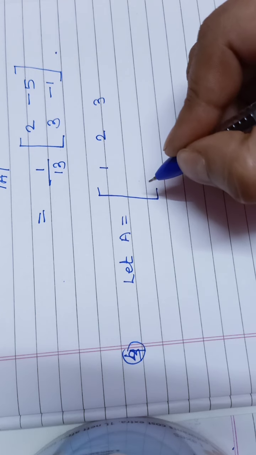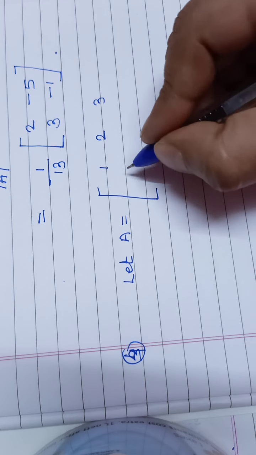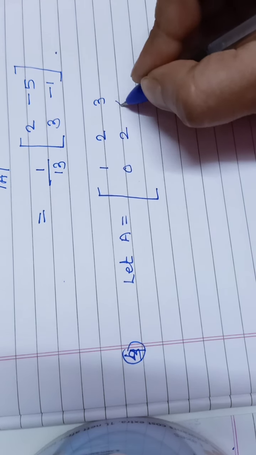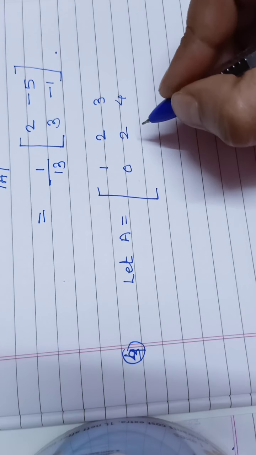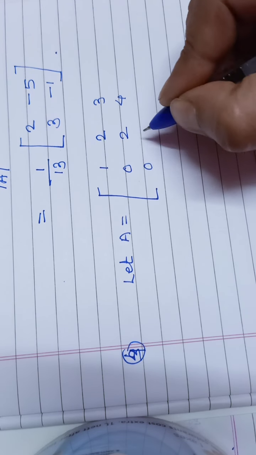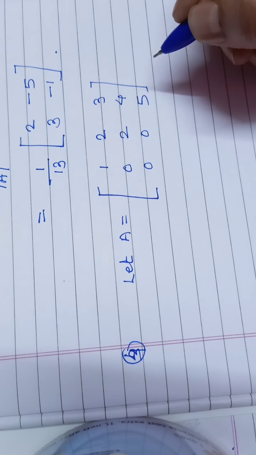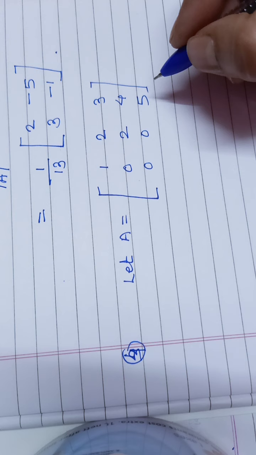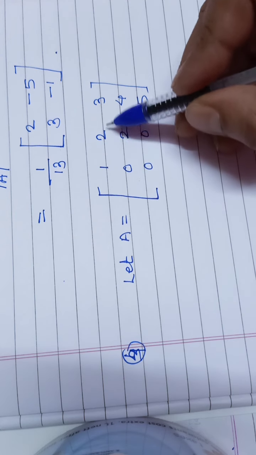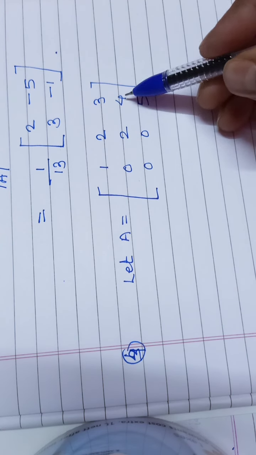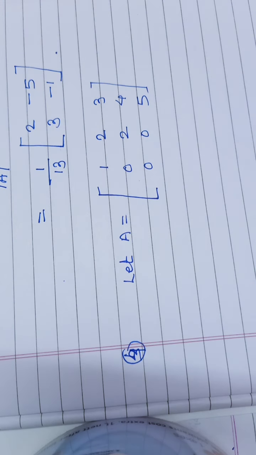That is why I am taking sum number 4. 1, 2, 3; 0, 2, 4; and the last one is 0, 0, 5. So this is the 3 by 3 matrix: 1, 2, 3, 0, 2, 4, 0, 0, 5.